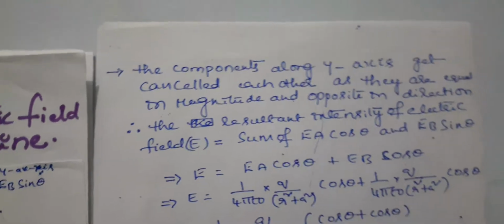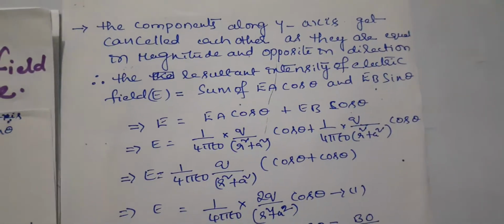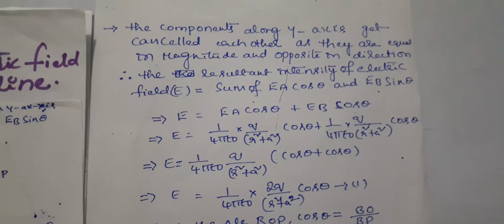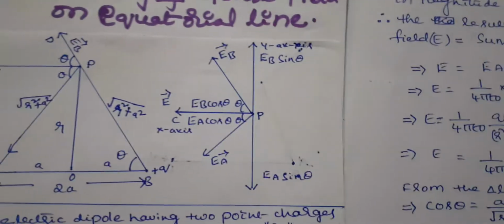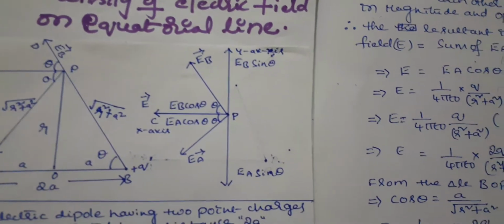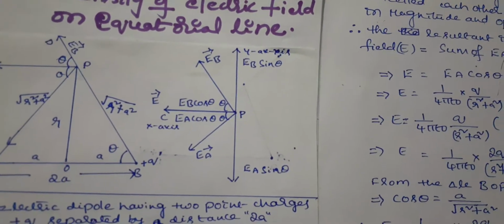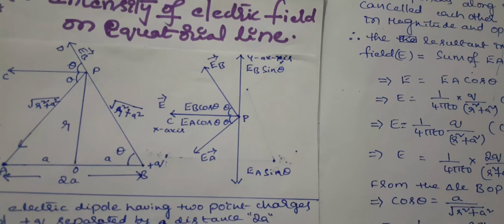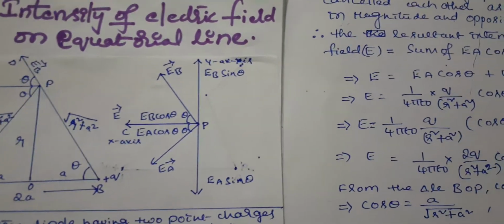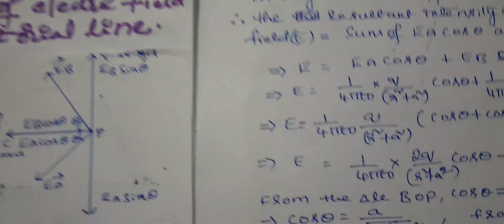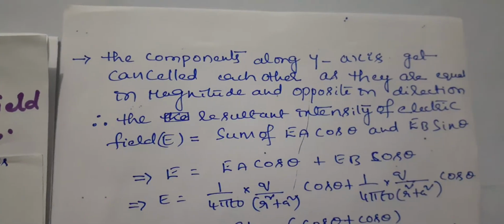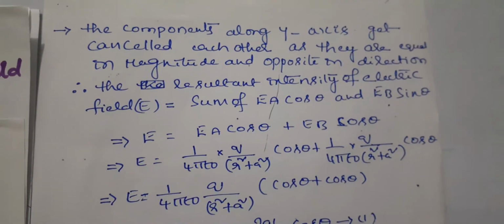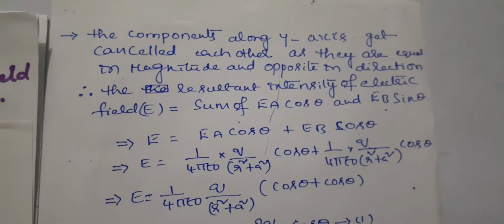So the components along the y-axis get cancelled each other as they are equal in magnitude and opposite in direction. You can see this in the figure, EB sin theta, EA sin theta acting at P in opposite direction but equal in magnitude, that is why both will be cancelled.